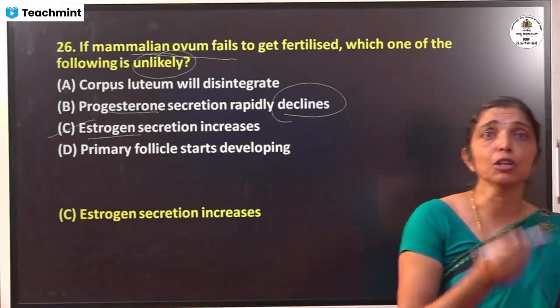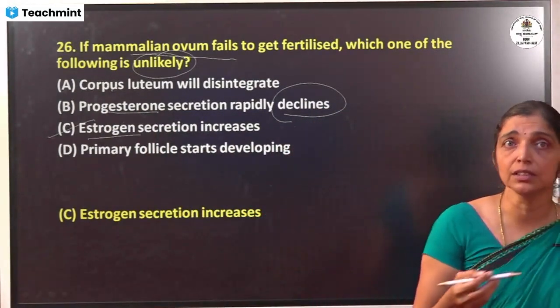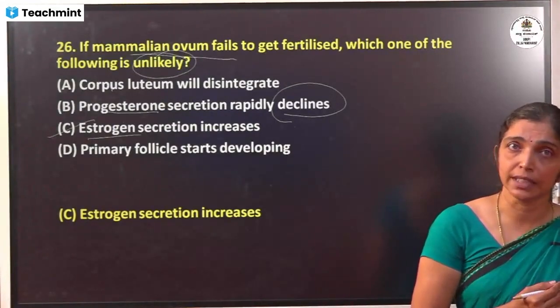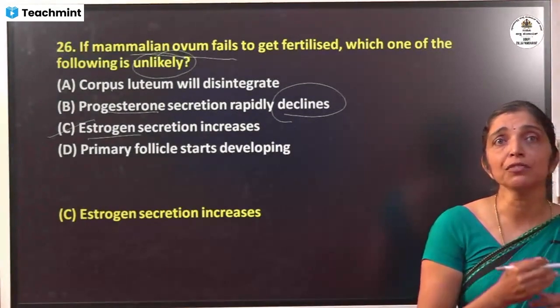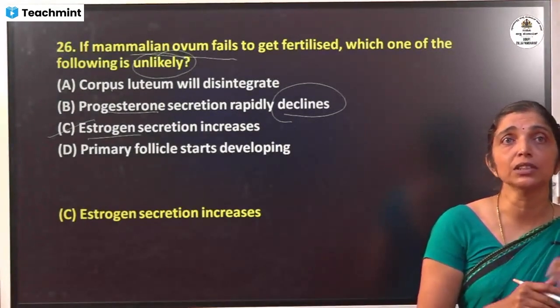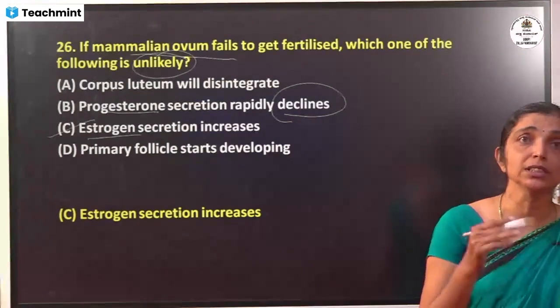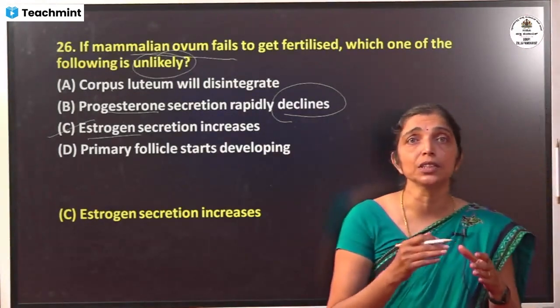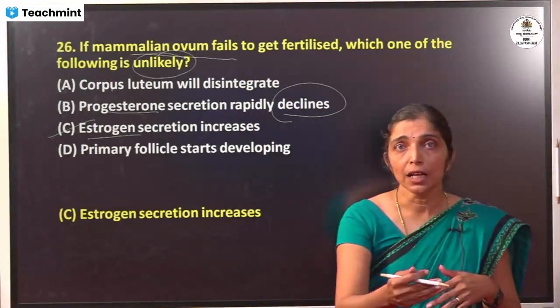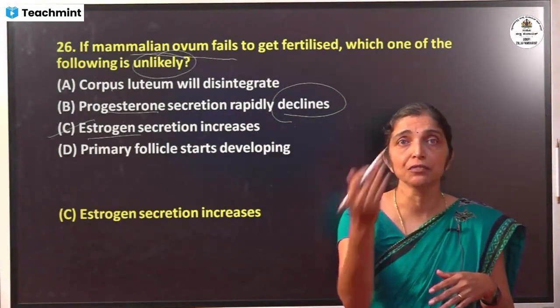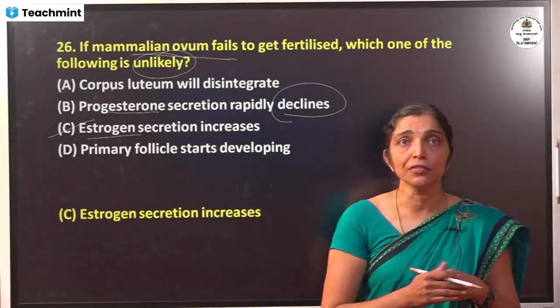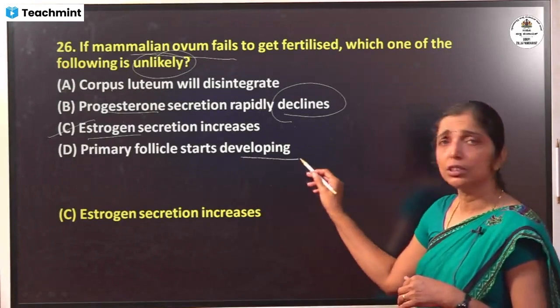So when the corpus luteum is disintegrating, progesterone secretion also declines, whereas primary follicle starts developing. Once the corpus luteum completely disintegrates, for the next cycle, primary follicle is the precursor of the Graafian follicle, which will then form the corpus luteum after ovulation. So this is also likely to happen.